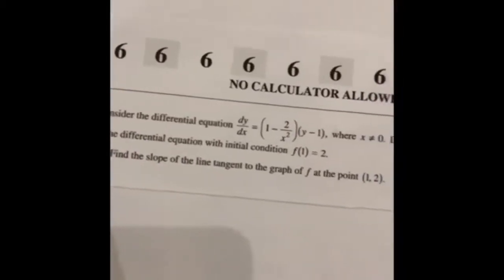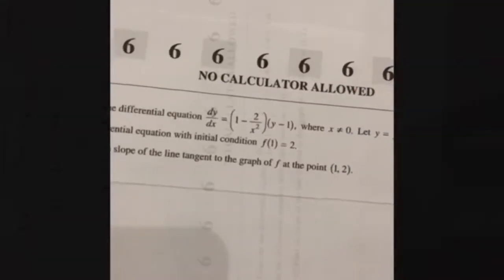Find the slope of the line tangent to the graph of f at x equal 1. Finding the slope of the tangent line is the same as finding the derivative of the function, then substituting. Here they gave us the derivative, so we can find the slope of the line tangent by substituting.